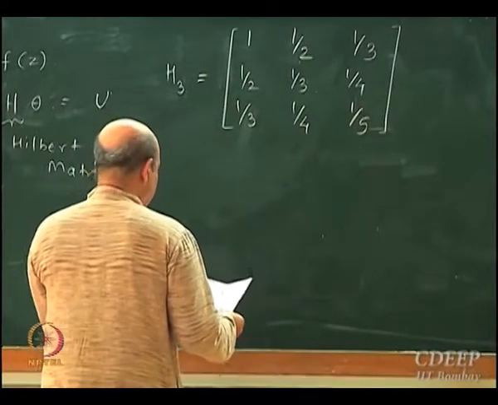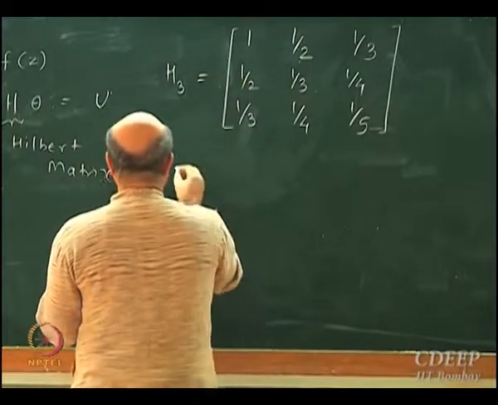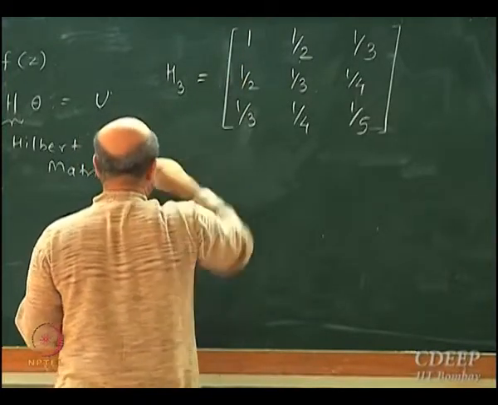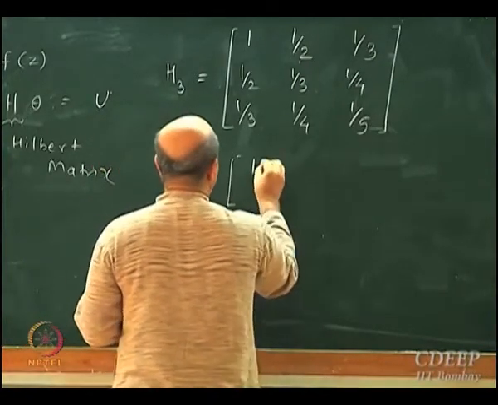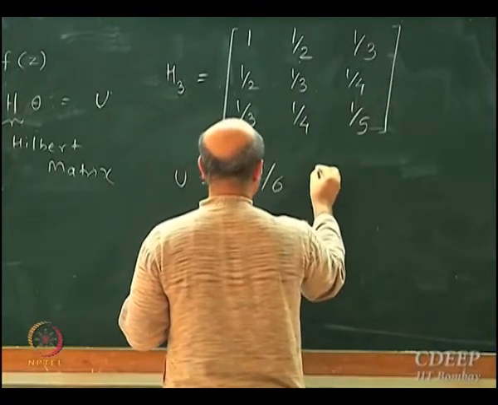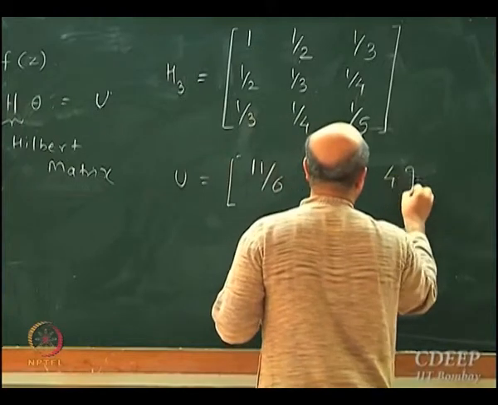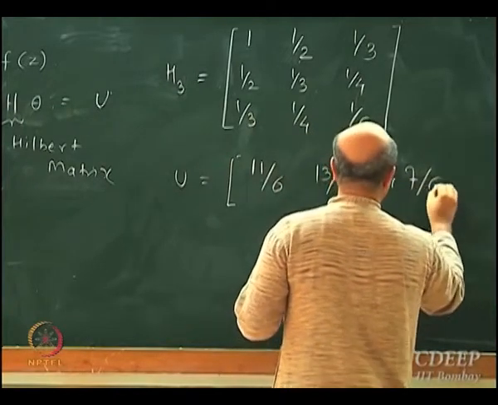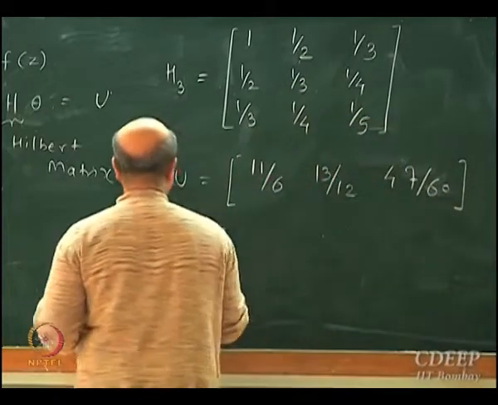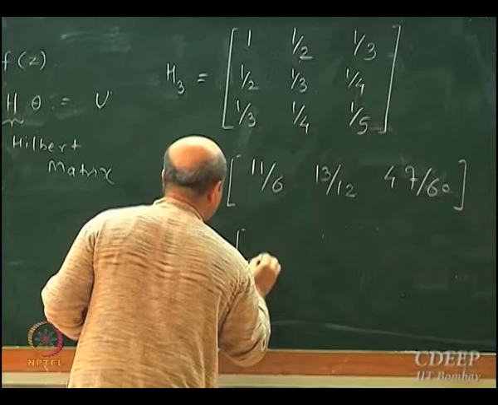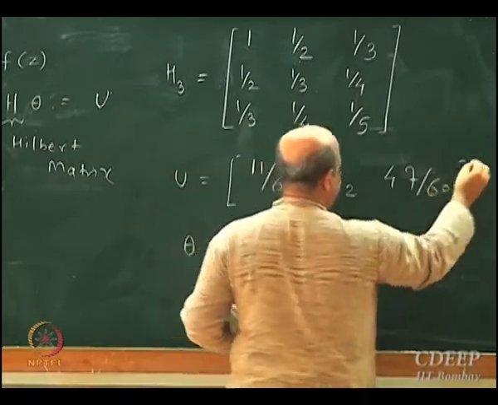Then I took a solution. My right hand side was 11/6, 13/12, and 47/60, when theta is equal to 1, 1, 1 transpose.